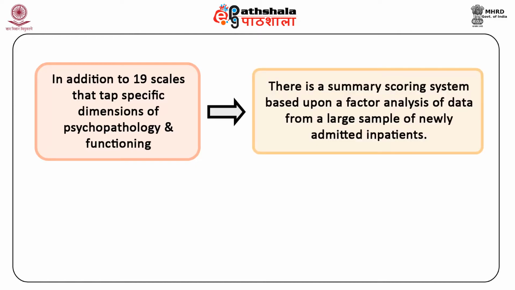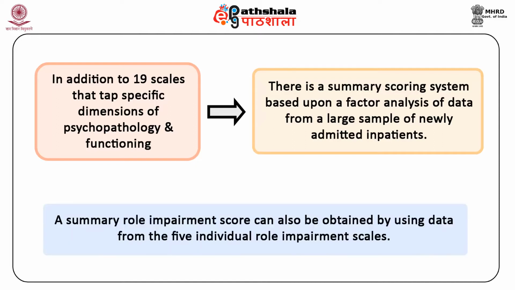In addition to 19 scales that tap specific dimensions of psychopathology and functioning, there is a summary scoring system based upon a factor analysis of data from a large sample of newly admitted inpatients. A summary role impairment score can also be obtained by using data from the 5 individual role impairment scales.